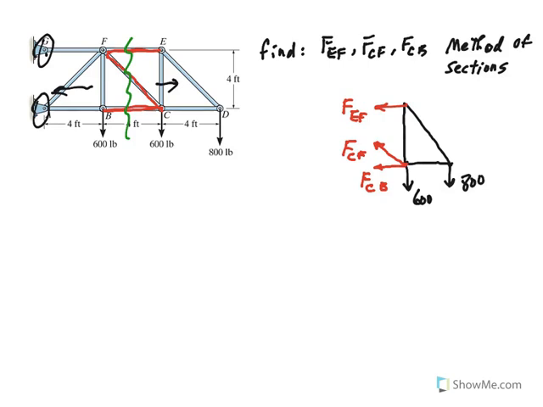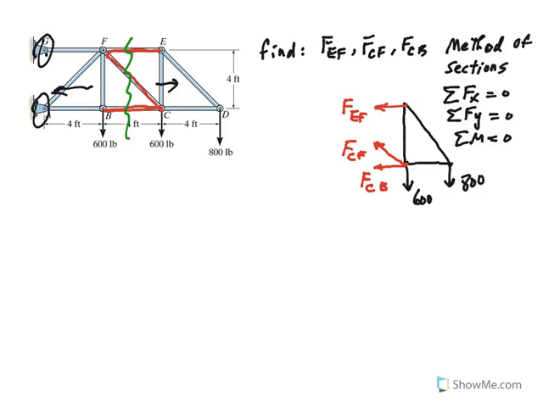The reason we don't want to cut more than 3 members is that you're limited to 3 equations: sum of forces in x equals 0, sum of forces in y equals 0, and sum of moments equals 0. So 3 equations, 3 unknowns. Basically this truss section is like a rigid body in equilibrium.